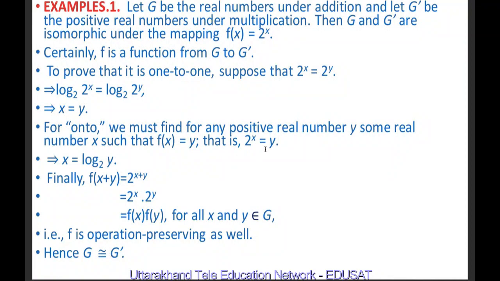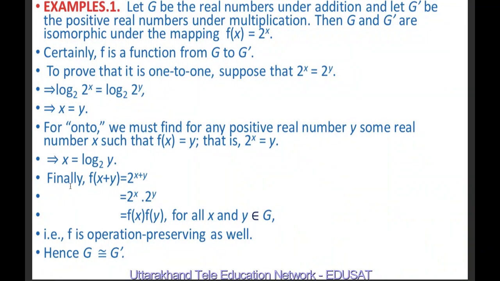If we take log on both sides, we get x log 2 base 2 is equal to log y base 2. So log 2 base 2 is nothing but 1. So on the left hand side we have x and on the right hand side log y base 2. It means x is equal to log y base 2. So we have found the number x for every y belonging to G dash, and x belongs to G. So the mapping f is onto.